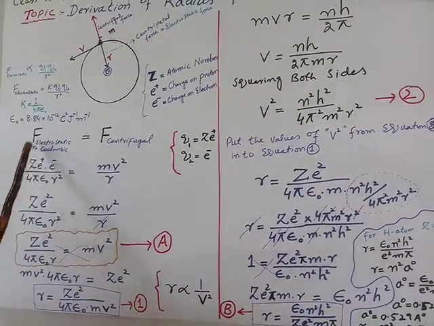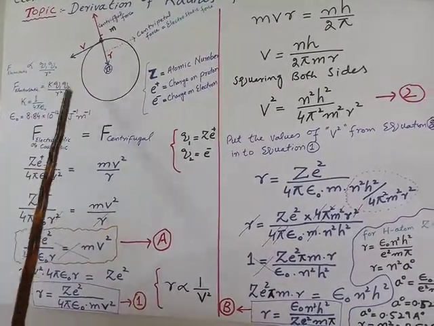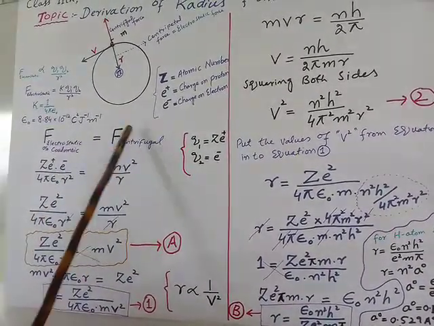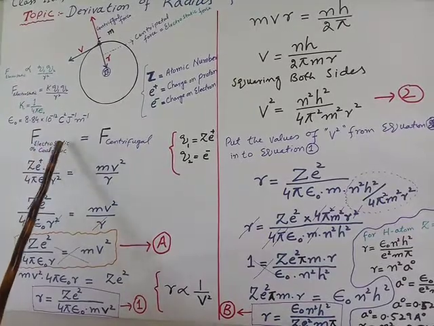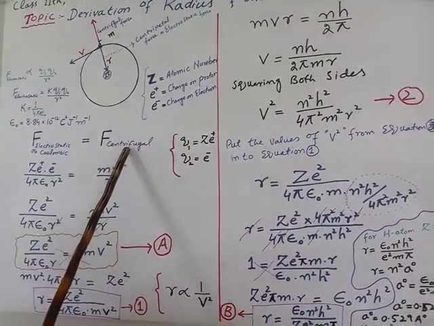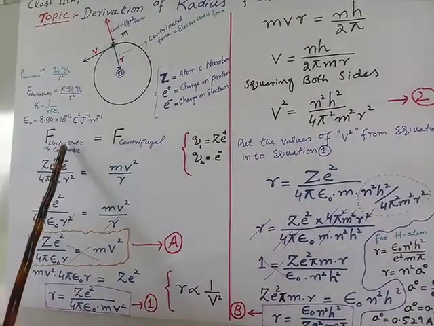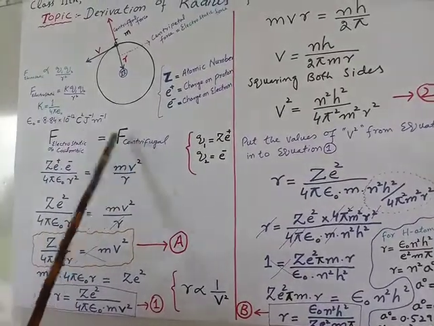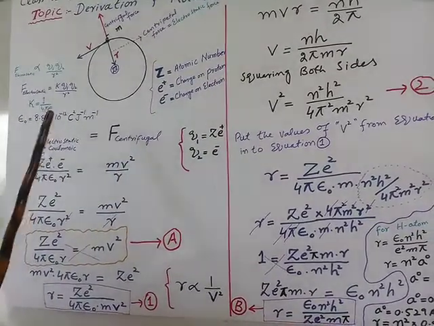Ze plus is the charge on the nucleus and e minus is the charge on the electron. As both forces are equal, the electrostatic Coulombic force, or centripetal force, equals the centrifugal force.